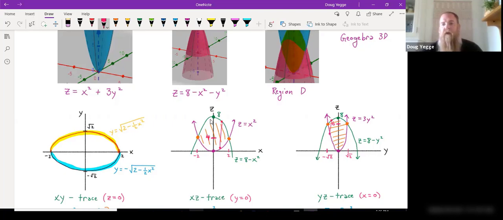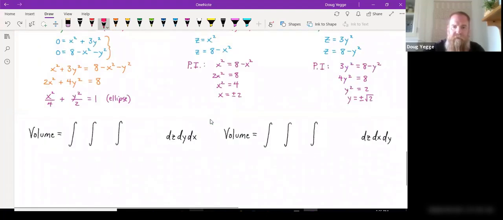So that must mean we're going to go from the paraboloid opening upwards to the paraboloid opening downwards. So let's go ahead and start with that and realize that for both of these, the inner limit of integration is going to be from z equals x squared plus 3y squared up to z equals 8 minus x squared minus y squared.